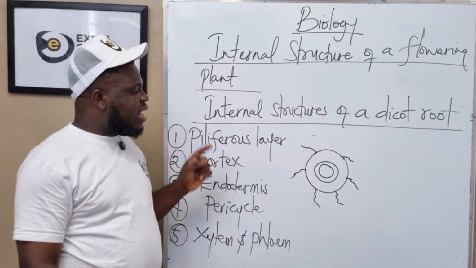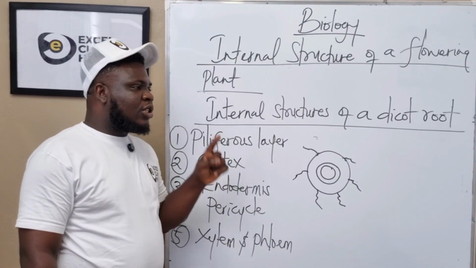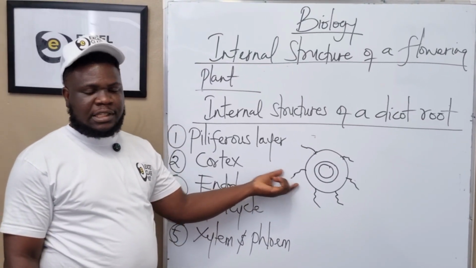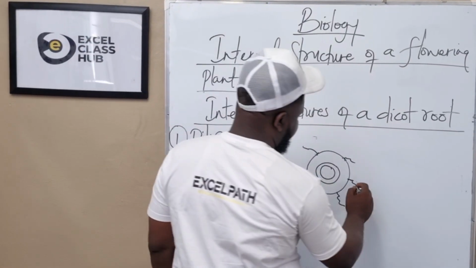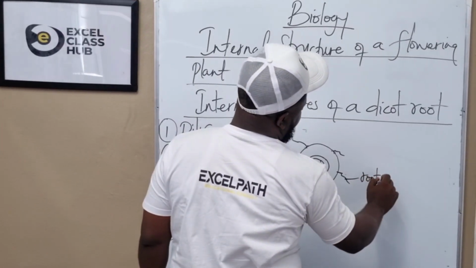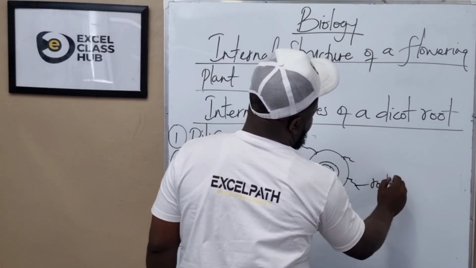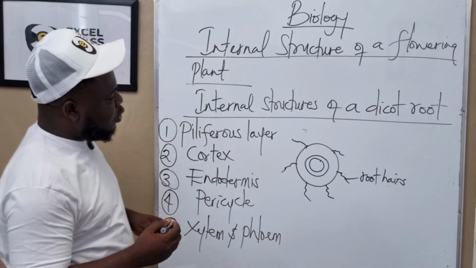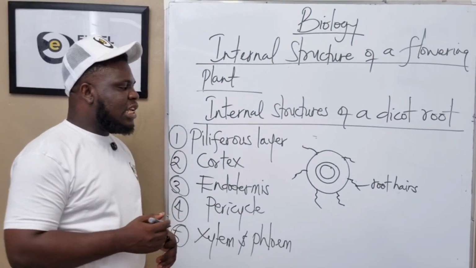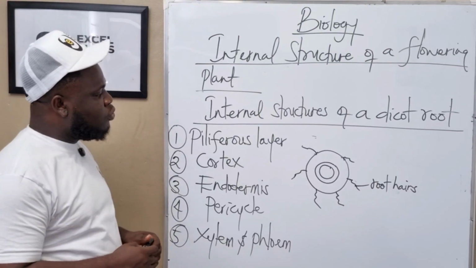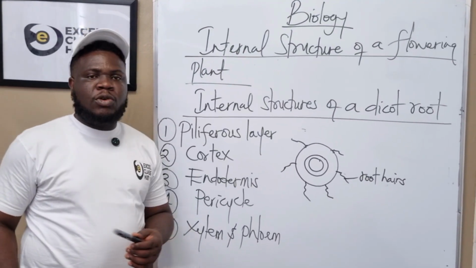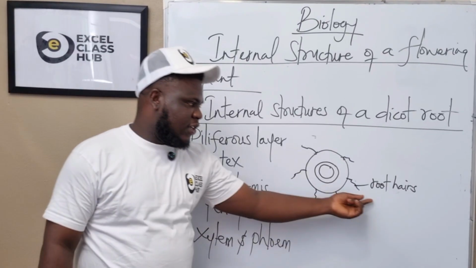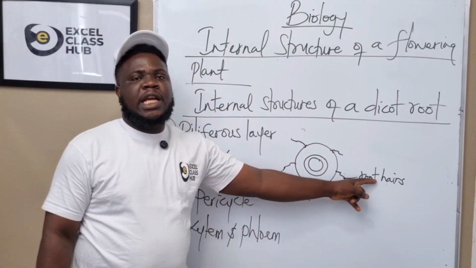Now, we normally differentiate the internal structure of a root from that of a stem by the presence of what we call the root hairs. So immediately you see the circular structure, and you want to be really sure if that structure is the internal structure of a root or of a stem, the first thing you look out for is the appearance of root hairs.